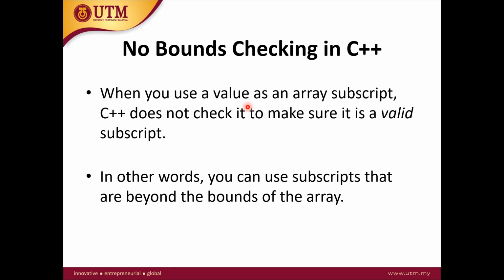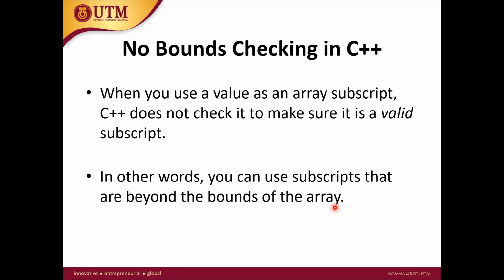For example, we've got an array which its size is 3, and the elements are going to be 0, 1, and 2. We may assign a value to index number 7, and C++ does accept that. It doesn't check for the bounds. So you can use subscripts or indexes that are beyond the bounds of the array.